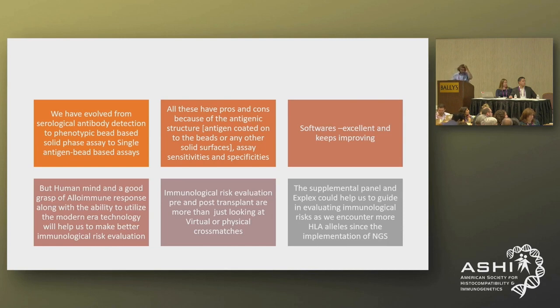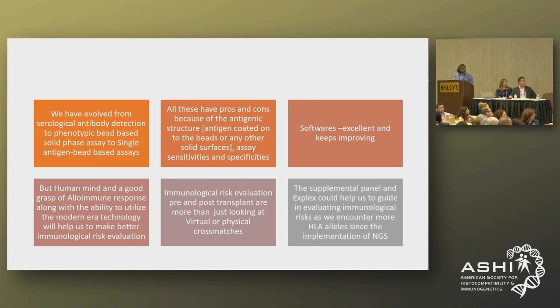How do you get one DR alone or one DQ alone or one A1 alone or one A2 alone? How do you get that kind of response in a broad immunological response, which is normal in alloimmune response, because HLA antigens are so cross-reactive? So you should have some kind of a pattern, some kind of immunological logic in order to develop an immunological assessment.